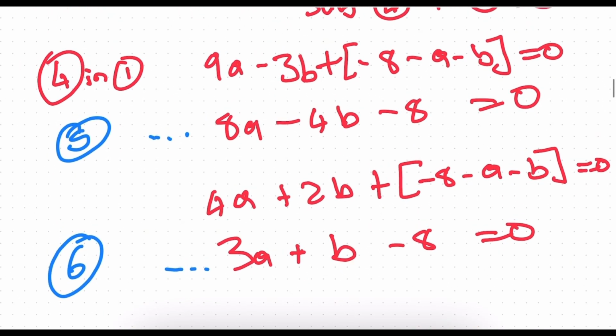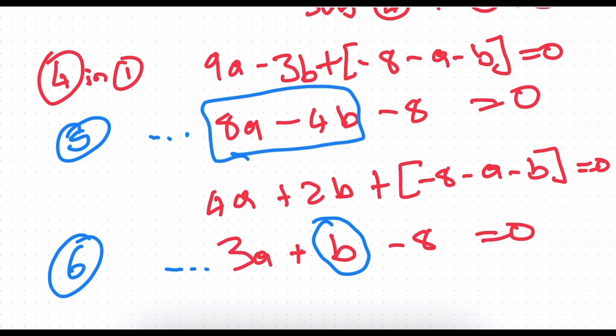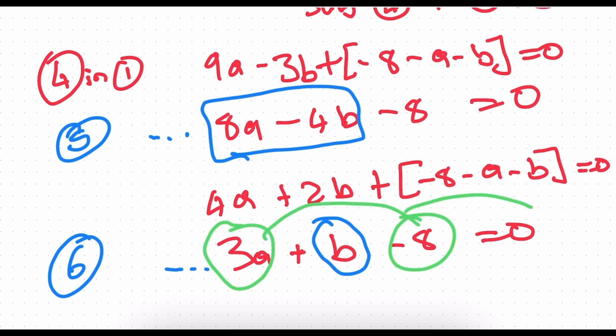Which one is the simplest between the two? When you look at these equations, I think this one is relatively easy to make B the subject of the formula, rather than making any of these two the subject, because I'll have to take this and this, both of them, to the other side.